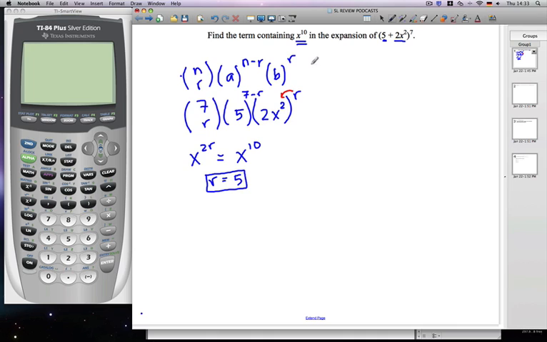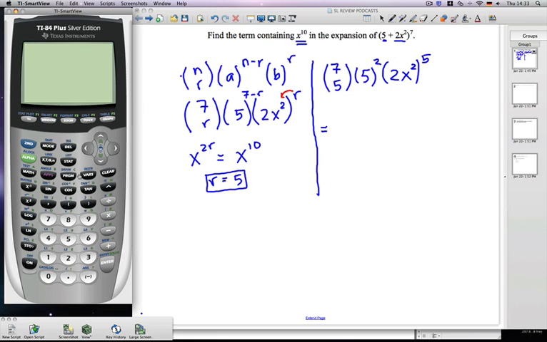And you're halfway done. So now we know a lot more information. We have 7 choose 5, times 5 to the 7 minus r. 7 minus 5 is 2. 2 x squared to the 5. Okay? And so 7 choose 5, we can come over here.